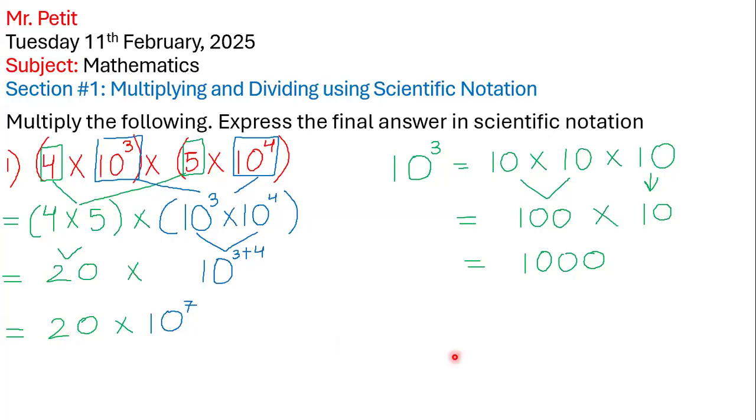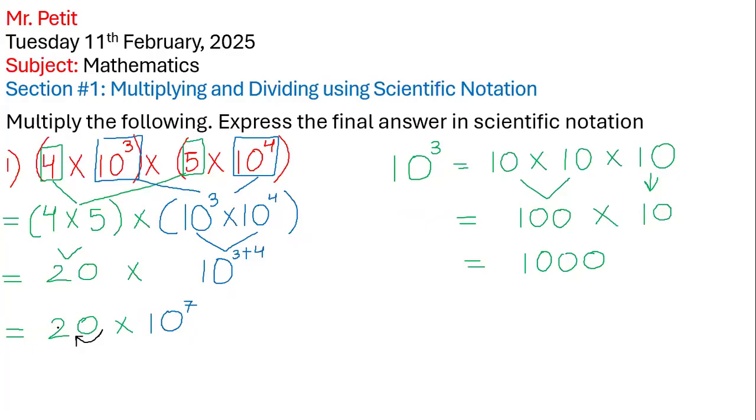I'm going to show y'all a trick. We need to make 20 less than 10. What I could do is move the decimal point and shift it.